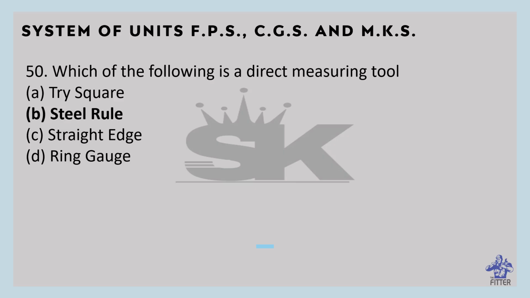An indirect measurement tool transfers the measurement from the workpiece to the direct measuring tool, then the comparison is made. Examples of indirect measurements are try square, straight edge, all gauges and calipers, etc.